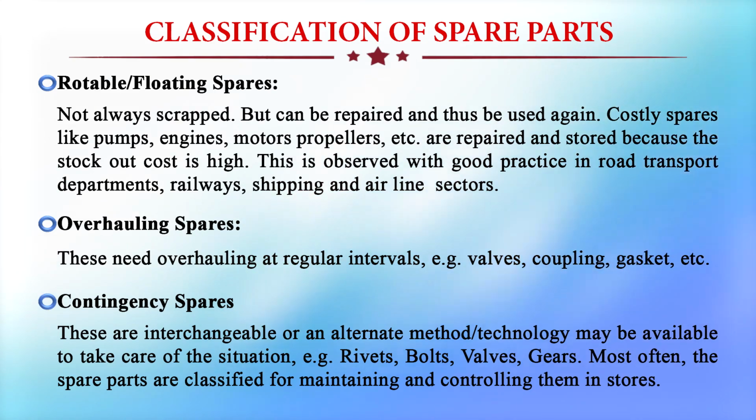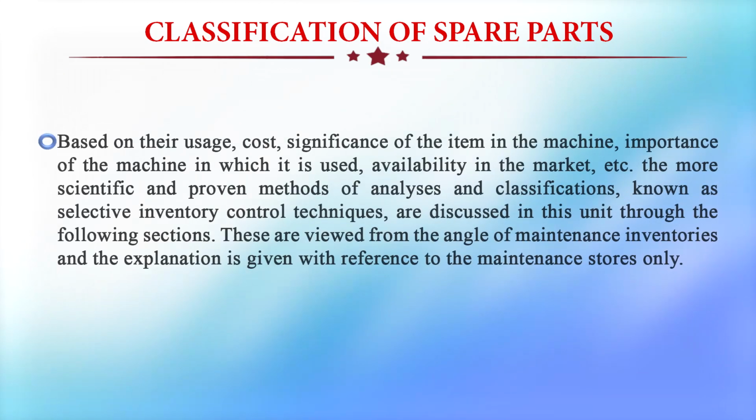Most often the spare parts are classified for maintaining and controlling them in stores, based on their usage, cost, significance of the item in the machine, importance of the machine in which it is used, availability in the market, etc. The more scientific and proven method of analysis and classification, known as selective inventory control techniques, are discussed in this unit through the following sections.